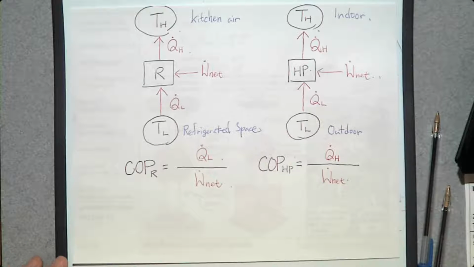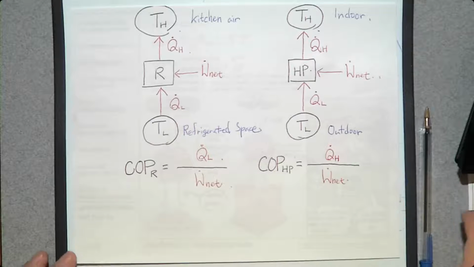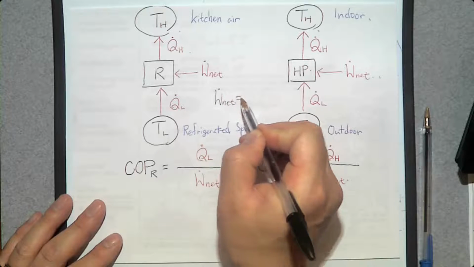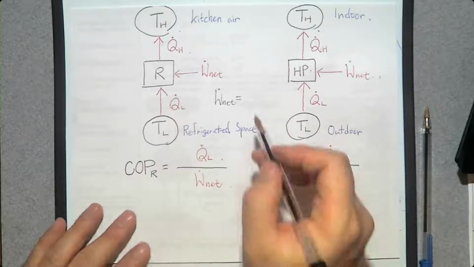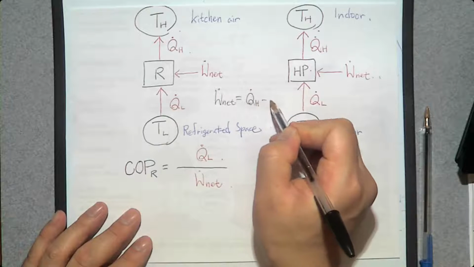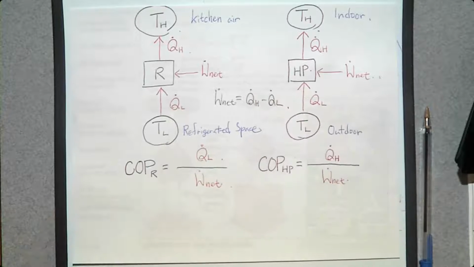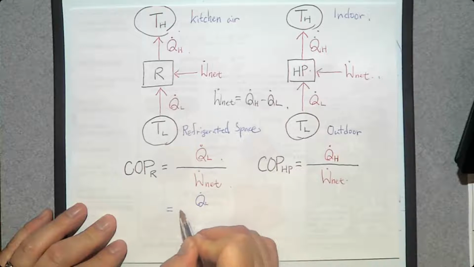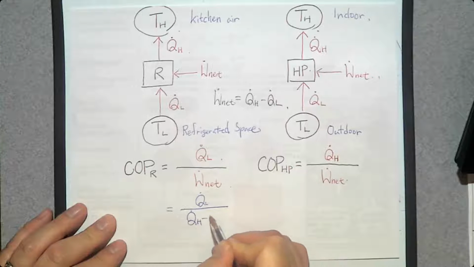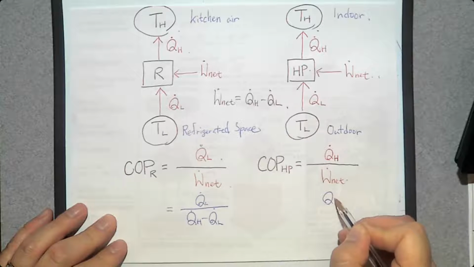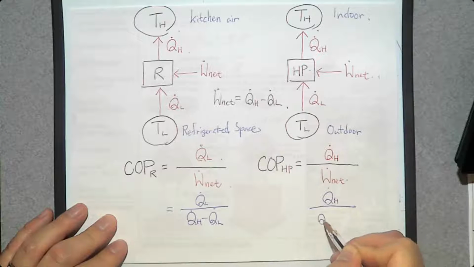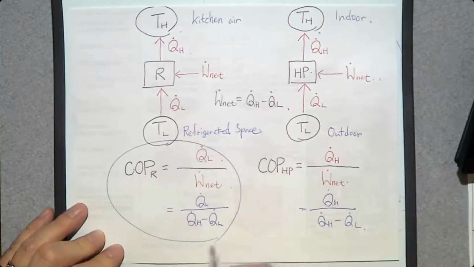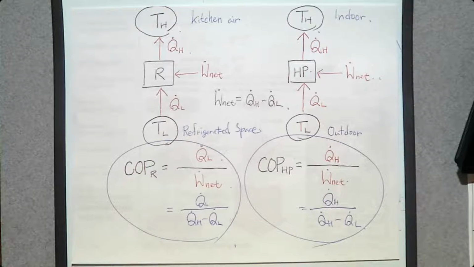By the way, for both systems we have the same energy balance equation: W dot net is going to be the difference in heat transfers, so Q dot H minus Q dot L. So we can rewrite the COPs in this way: Q dot L over Q dot H minus Q dot L, and Q dot H over Q dot H minus Q dot L. That's also how we determine the coefficients of performance.